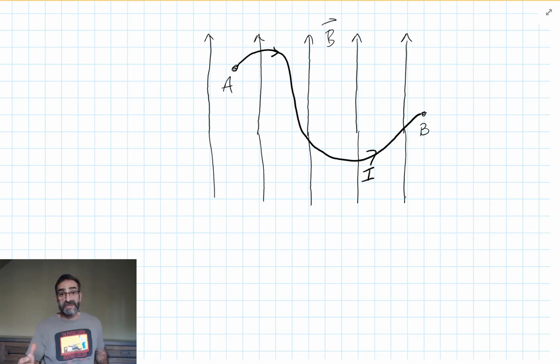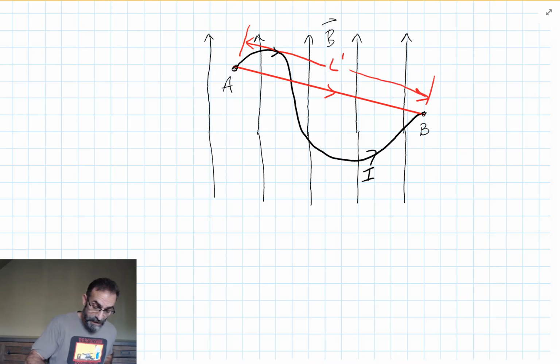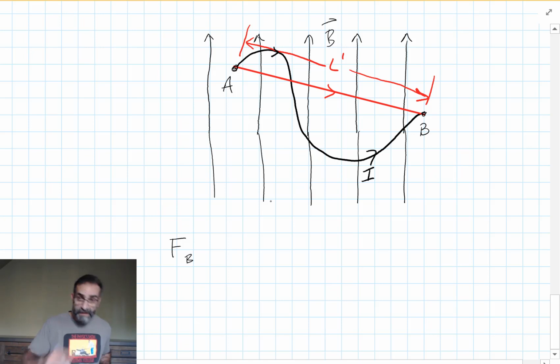This looks like it might be tricky to try to figure out what the magnetic force is on this wire. But it turns out that we can take the straight line path from A to B, and we can call that distance between A and B along that straight line path L prime. And the force on this wire, the one that has this curved path going from A to B, is the same as the force on the red wire that goes on a straight line from A to B.